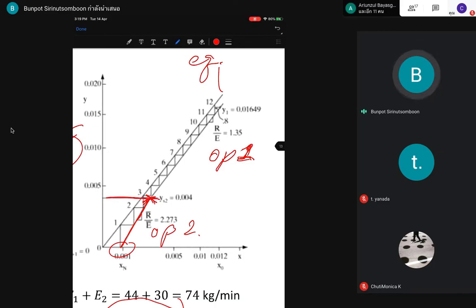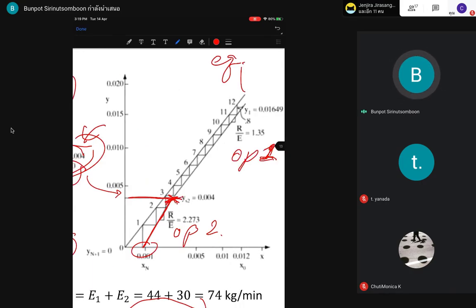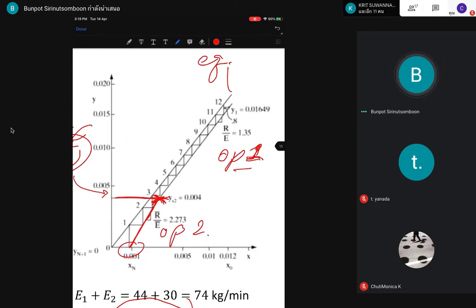This feed line comes from the feed that goes into the middle of the column. So you get the intersection here, and you know that operating line 1 also has to connect to this point here.